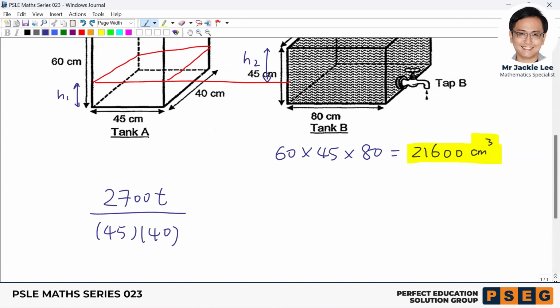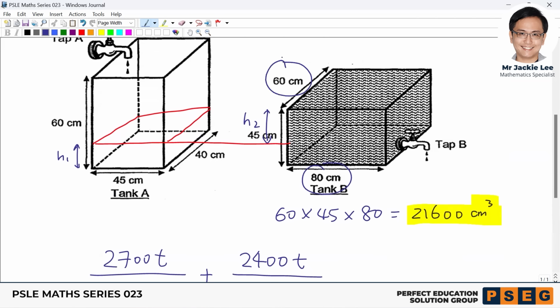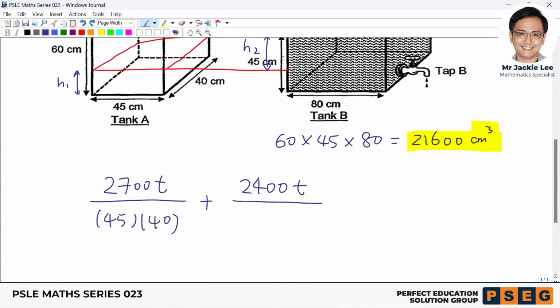For tap B, the water is coming out. So the rate is 2400 times T, then divided by these two, 80 and 60. Make sure you get the right values. So divided by 80 and 60. Then added together will be the 45 cm. So far, okay, this equation.